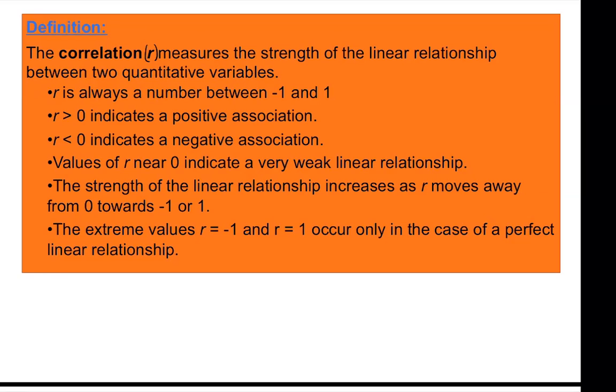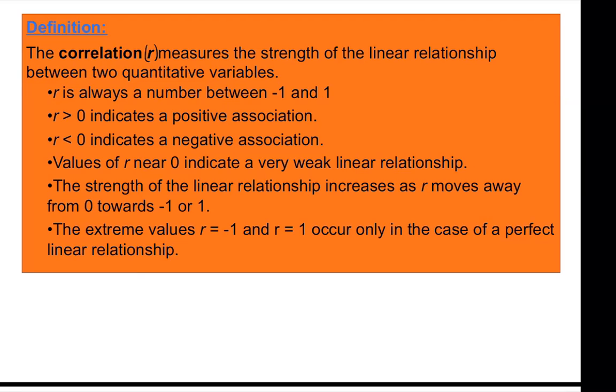It measures the strength of the linear relationship, so it measures the strength and the direction between two quantitative variables. R is always going to be between -1 and +1. We won't have an R that's past 1 or less than -1.